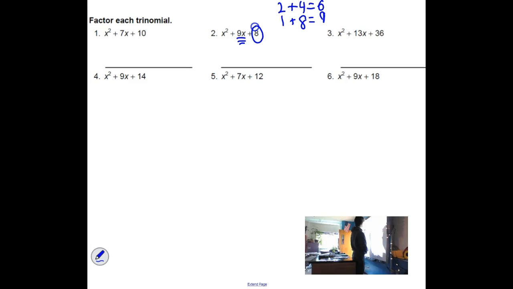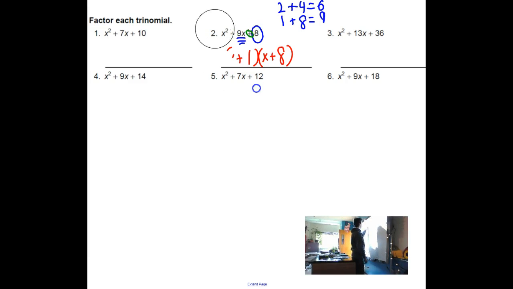Since there are only plus signs in this equation, both of these parentheses are going to be x plus. So 1 and 8 add together to equal 9, so I know that it factors into x plus 1 times x plus 8.